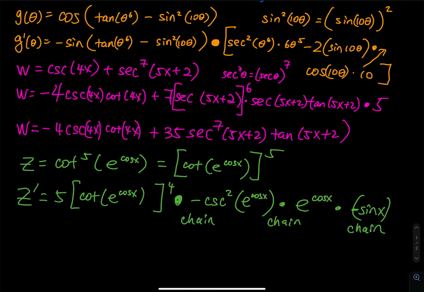I do not recommend you to split this up into multiple lines. The first reason is there will be a lot to write. The second reason is it is easier to mess up if you go that way. So if you are still not familiar with the chain rule, I recommend you to go back to my previous video to study chain rule. So when you get to this point, I assume everybody can do chain rule very, very well.